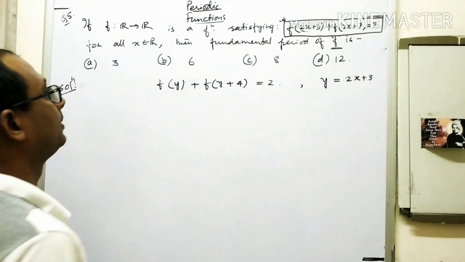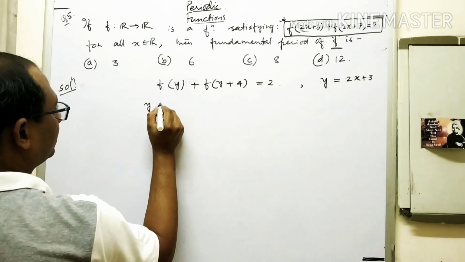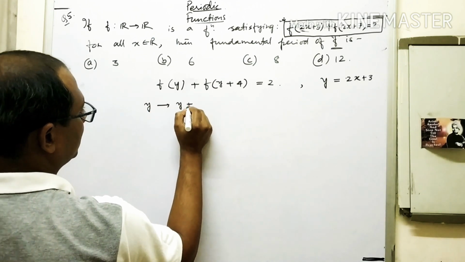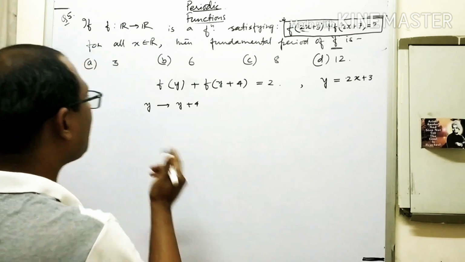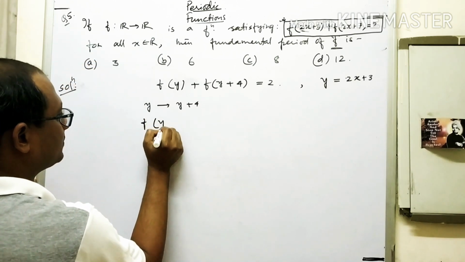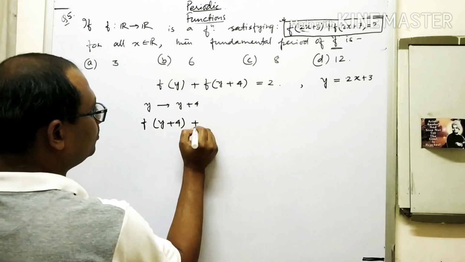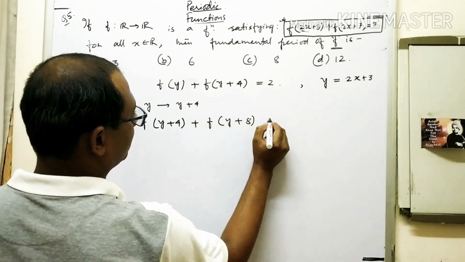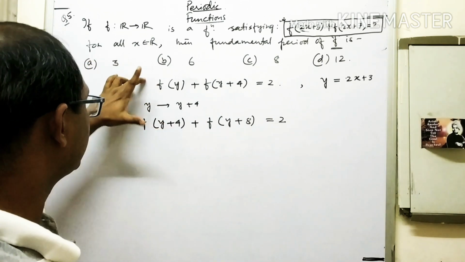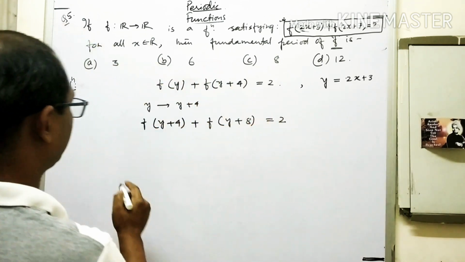Okay, what we'll do now, we'll write y to y plus 4. That is what we most generally do. So f of y plus 4 plus f of y plus 8 will be equal to 2. Both these equations are equal to 2, so they have to be equal.